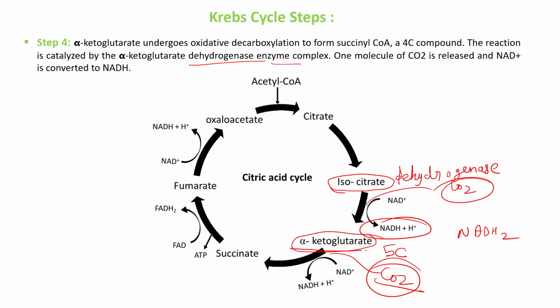So the alpha ketoglutarate dehydrogenase enzyme is responsible. Enzymes are very easy to remember, since they all resemble the substrate itself. One molecule of CO2 is released and NAD plus is converted to NADH2.